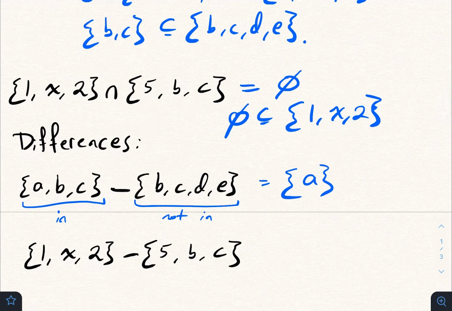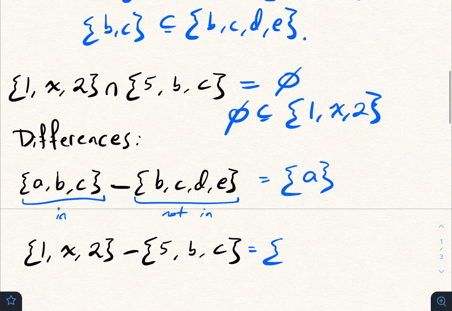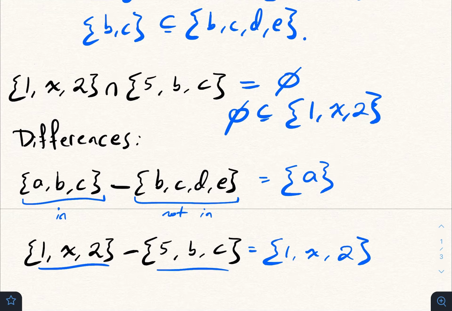And the difference of 1, x, 2 minus the set containing 5, b, and c. So this one, there are no elements in common, and so the difference here is very easy to do because everything that's in here is not in here, and so we don't really have to get rid of anything. So this right here would be our difference.